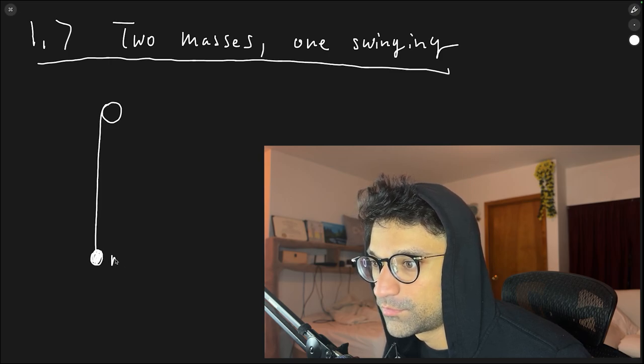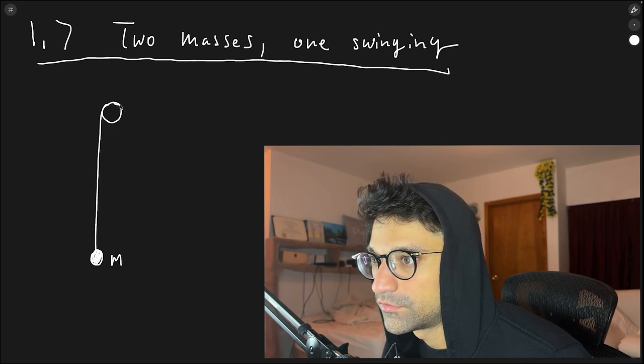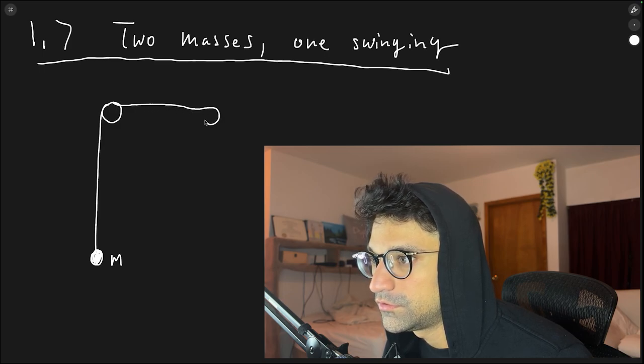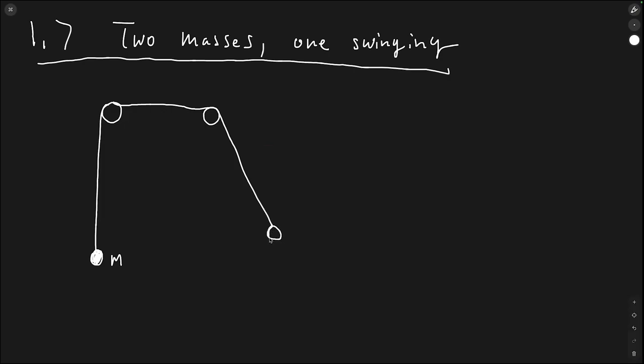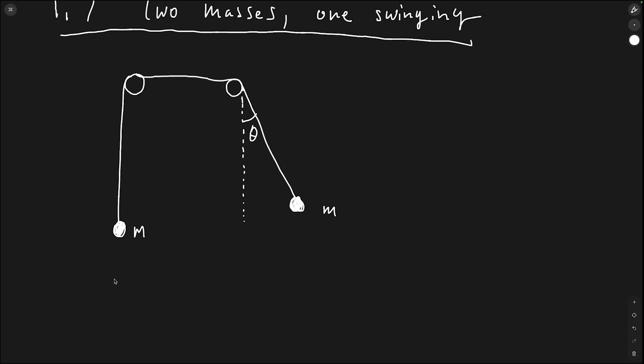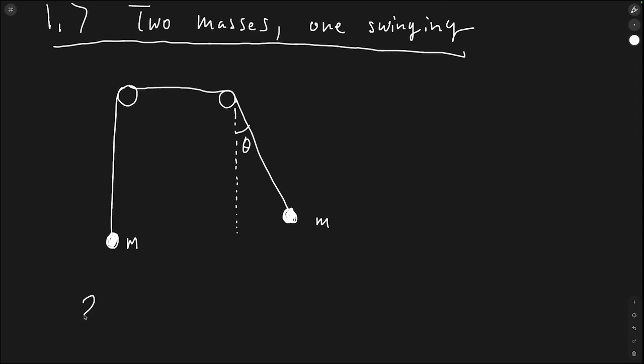So here you have a mass, and then you have another one, equal mass. And it's got some angle with the vertical, theta. So we have our equations of motion given to us, and it's a problem in chapter 6. We might do it, but here are the equations of motion.